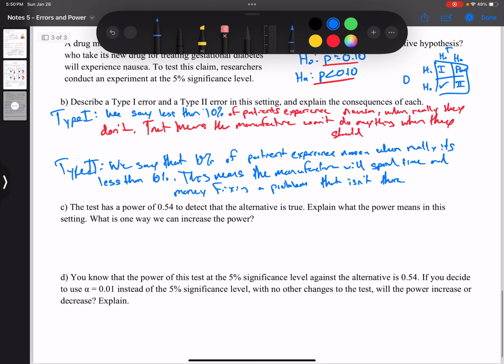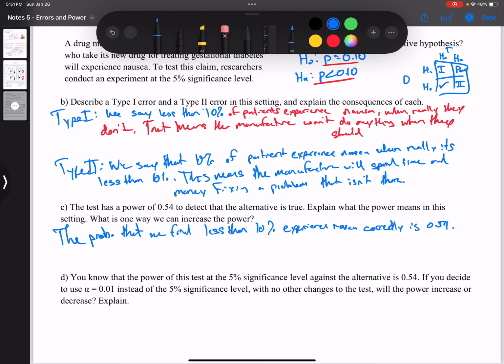All right, this test has a power of 0.54 to detect if the alternative is true. Explain what the power means in this setting and what is one way we can increase the power. The power means that we reject when we should have rejected. So that means the probability that we correctly find that less than 10% experience nausea is 54%, 0.54.